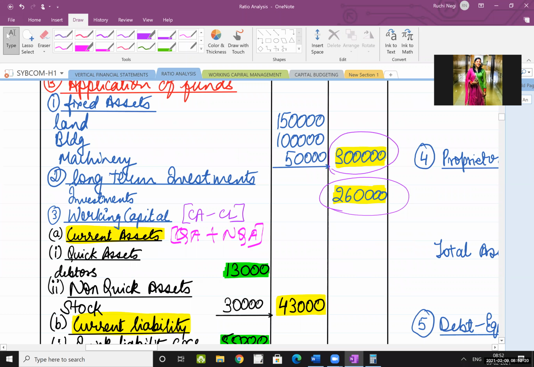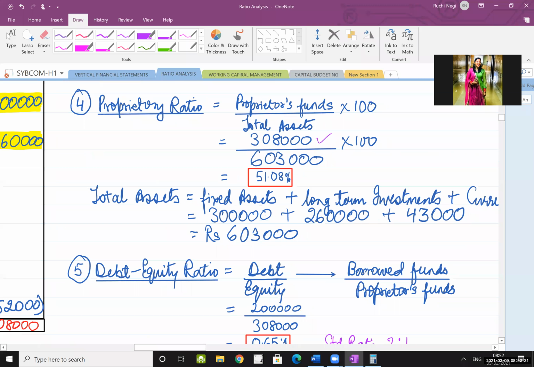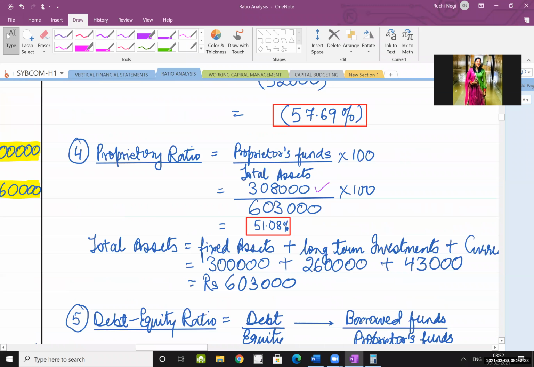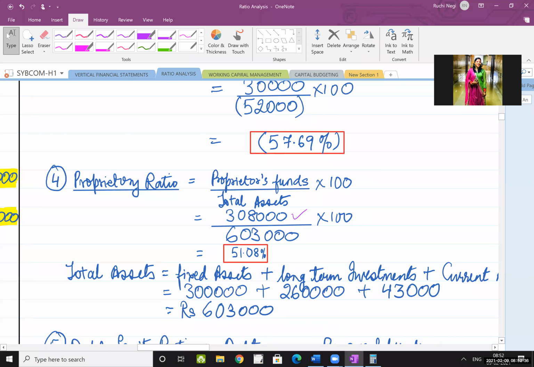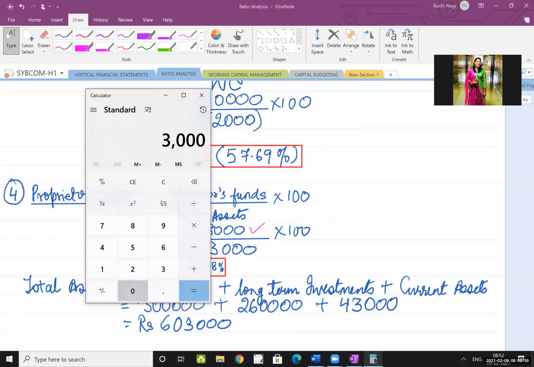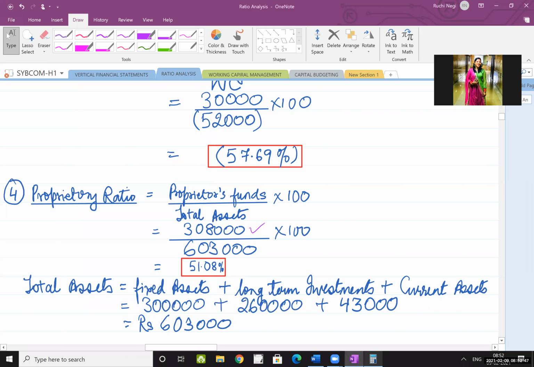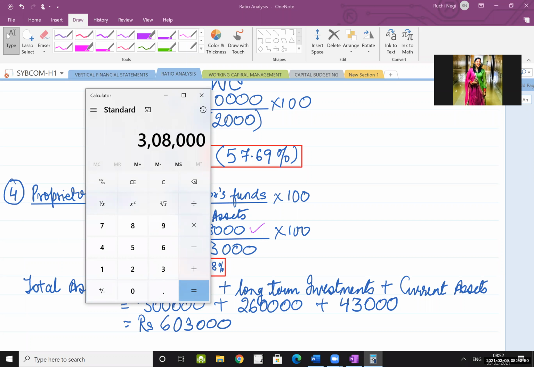But working capital नहीं चाहिए इनको, current assets चाहिए. तो ये रहा मेरा current assets 43,000. ये तीनों को ऐड करो. 3 lakh plus 2 lakh 60 plus 43,000. So 6 lakh 3,000 is my answer. Solve it. 3 lakh 8,000 divided by 6 lakh 3,000 into 100. 51.08%.